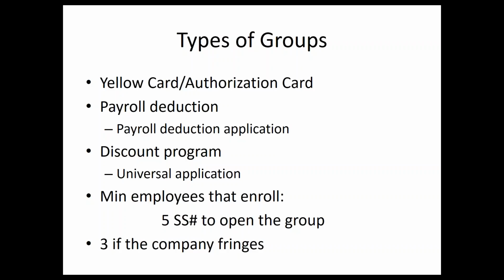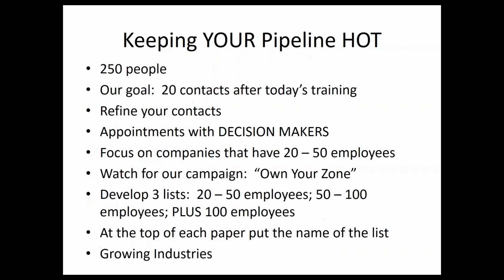Okay, well, that's fine. Let's do the discount program where your employees will pay through their own checking account or credit card. Now, in both situations, we have to have 5 Social Security numbers to open up that group. Now, if the company or the employer decides to fringe, which means they're going to pay for the benefit, then you need to have 3 employees for that.